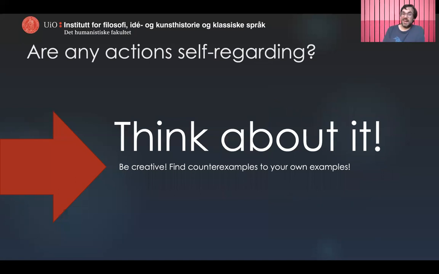The question is, are there really any actions that are self-regarding? Think about it. Are there really actions that don't have an effect on others? Be creative about it. Think about what actions they might be, and importantly, once you have thought of something, try to think about counterexamples to your example. So think about ways in which maybe this action still does have some effect on others.